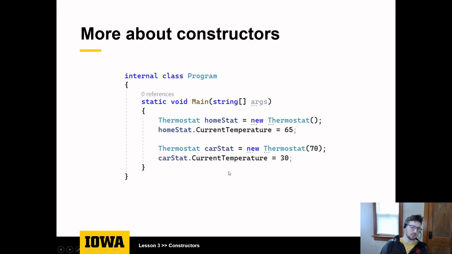For our car thermostat, we're able to call the constructor that accepts one integer as a parameter, so 70, and the result of that is that when we create this new thermostat here, it's going to have a current goal temperature of 70 degrees.